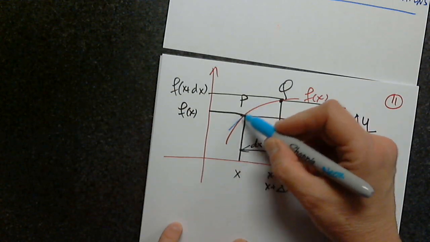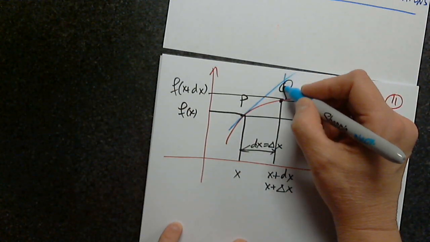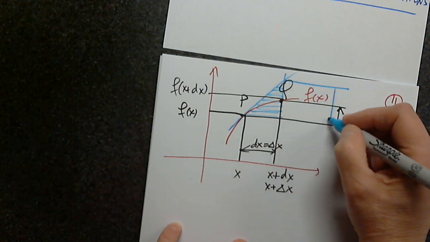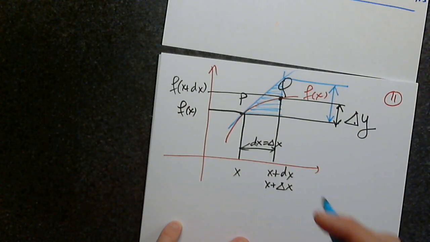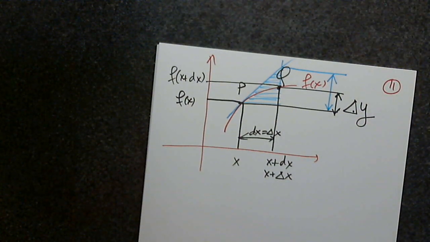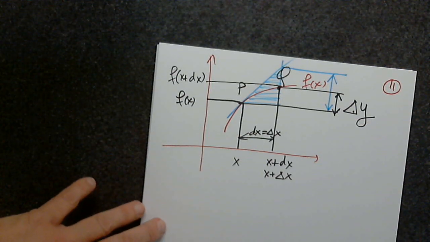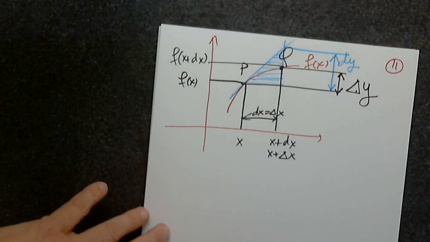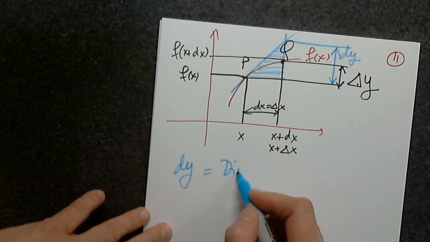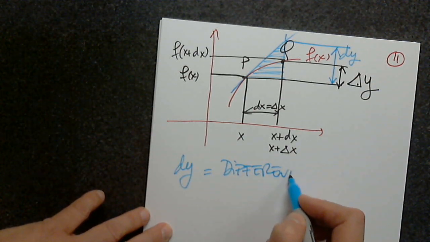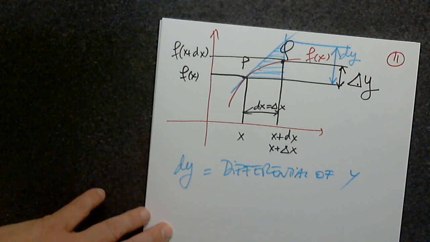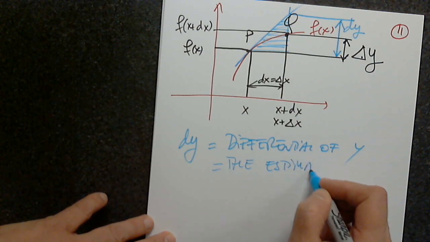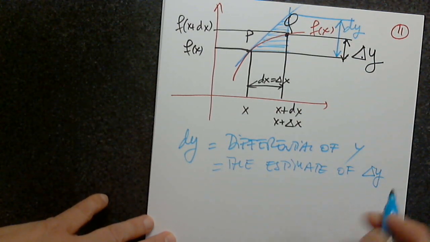Okay, then we said, well, can we estimate this somehow? Yes, we can, by creating a right triangle and determining this. And what was that? It was the estimate of delta y. How did we call it? dy indeed. So dy is the differential of y, which represents the estimate of delta y.